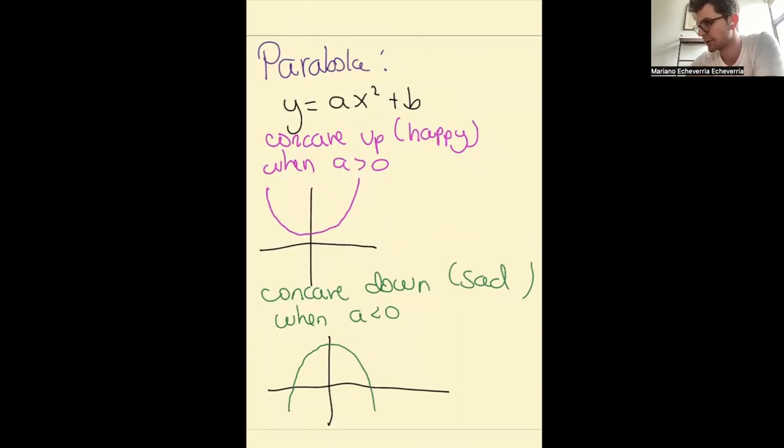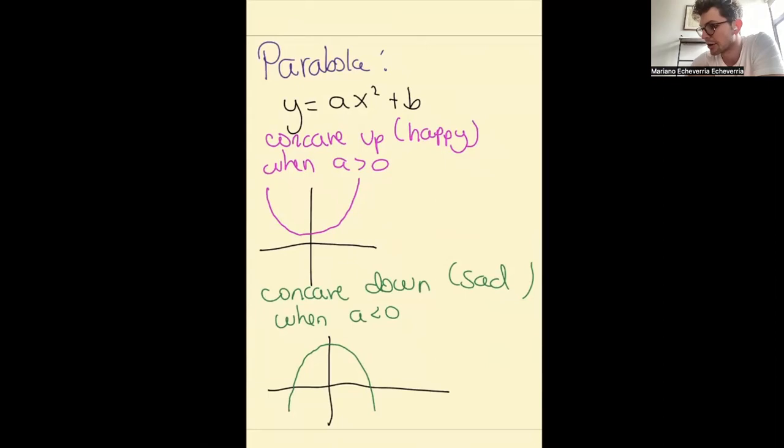If you think about this parabola, it looks like what? This one has a min, right? It looks like there's a min here. And if you look at the concave down, it looks like it has a max. And that is correct.